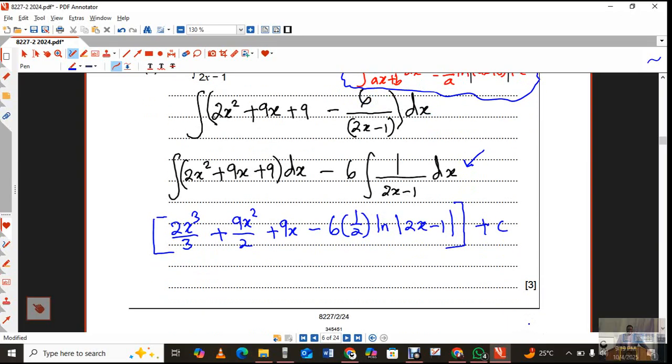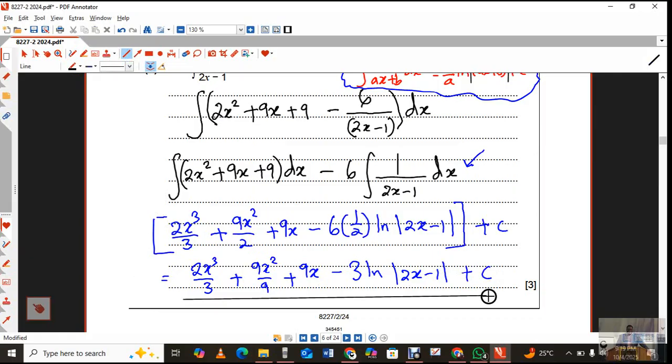It's just a matter of me cleaning this up a bit. So this is 2x cubed over 3 plus 9x squared over 2 plus 9x, and a half of 6 is 3, minus 3 natural log of 2x minus 1 plus the constant of integration. And this is how you integrate that indefinite integral over there.